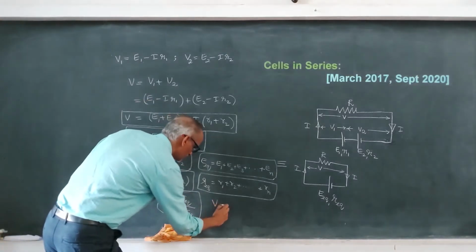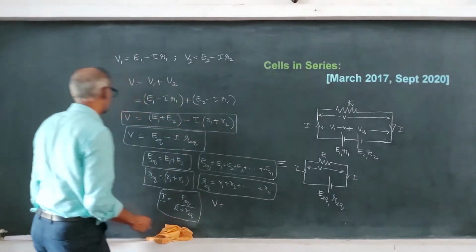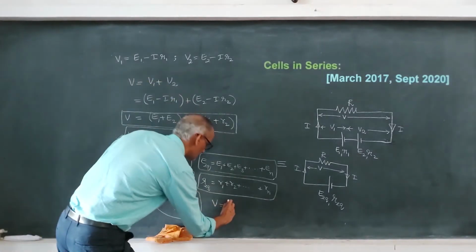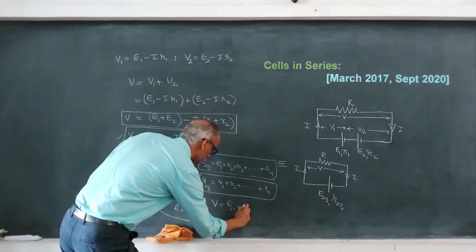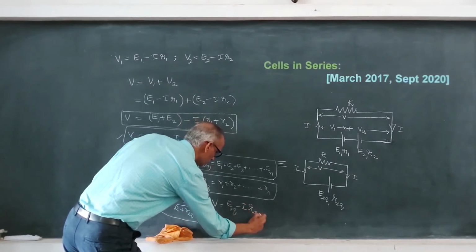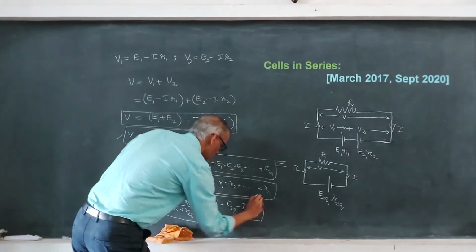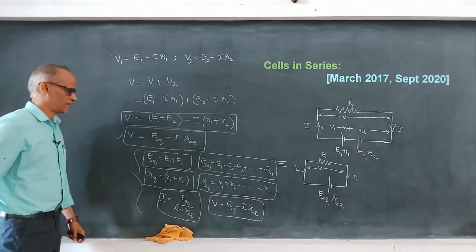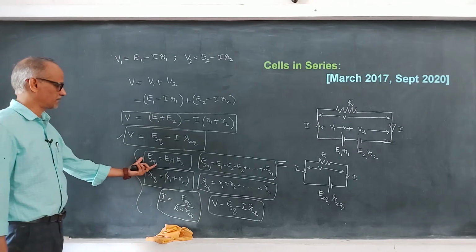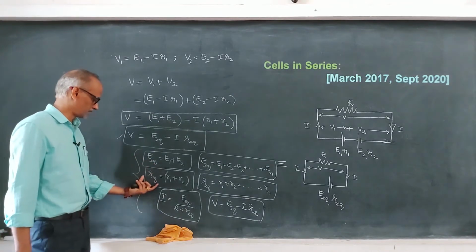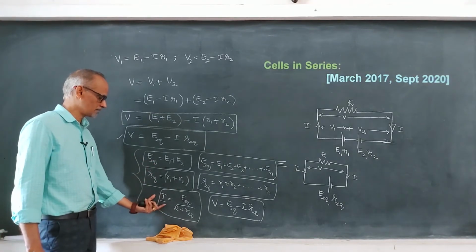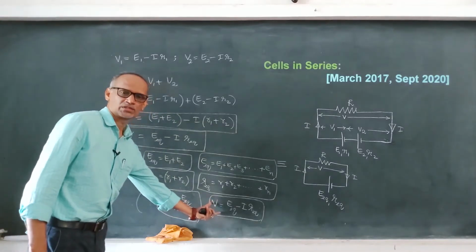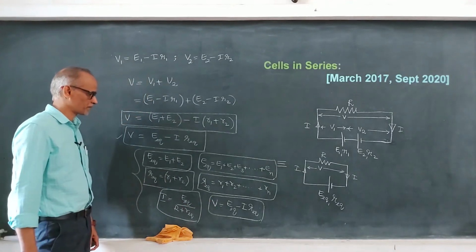How to find the potential difference across the combination, which is here. V is equal to E equivalent minus I into R equivalent. So these are the different formulas for the effective EMF, effective internal resistance, current through the circuit, and the terminal potential difference.